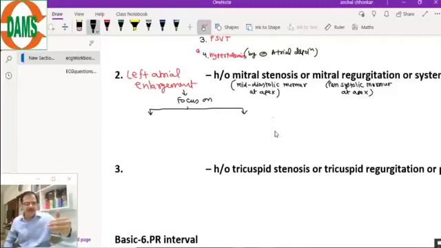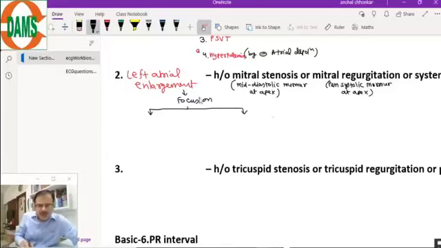Systemic hypertension first will cause left ventricular hypertrophy, giving pressure on the left ventricle, and the pressure of the left ventricle will go to the left atrium, because the pressure goes retrogradely because of systemic hypertension.